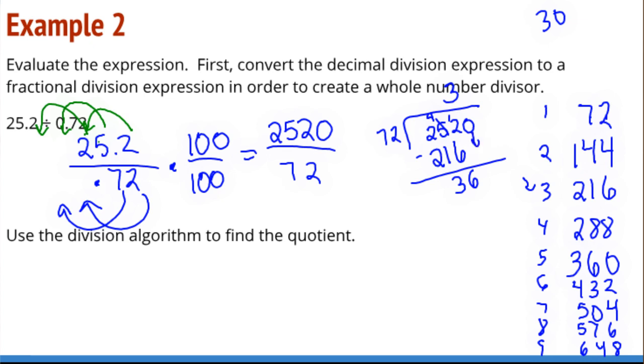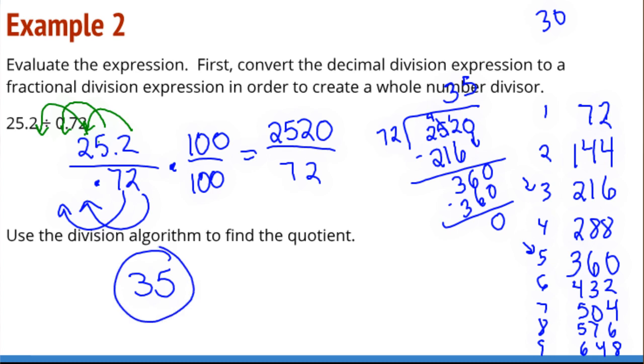And then I can turn those into ones, 361s. And it looks like I'll use the 5 here. 5 times 72 gives me 360. And I have a calculated quotient of 35. A quick double check with my estimate of 30. And I would say that I am pretty reasonable.